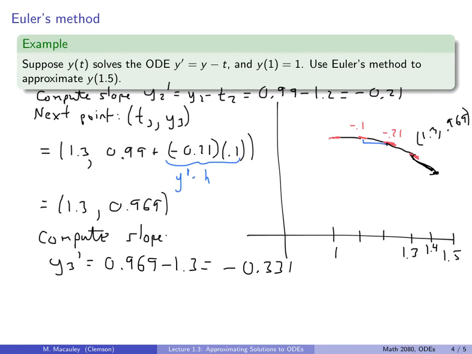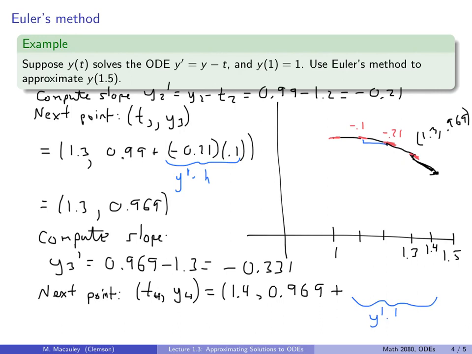And so let's compute that new point. The next point is t4, y4, and the t value is 1.4, and the y value is, we take the previous y value, that is 0.969, and we add, again, the y prime times h.